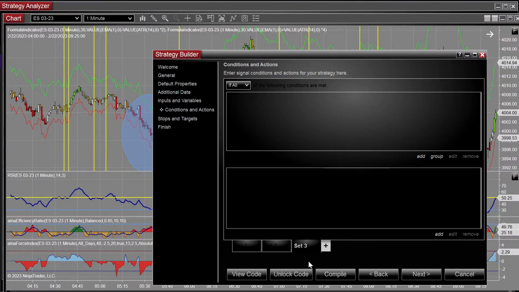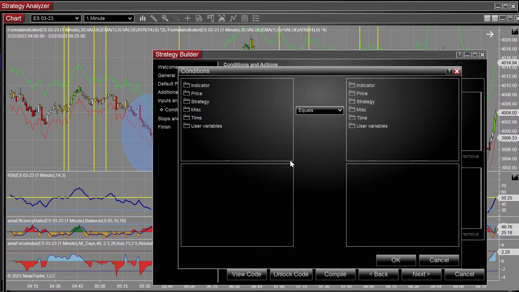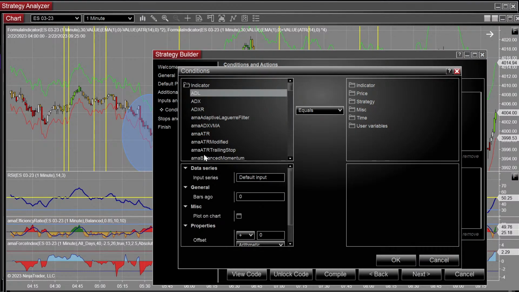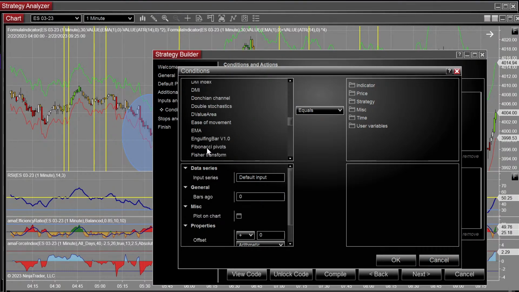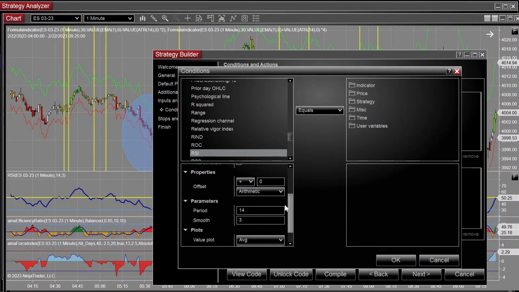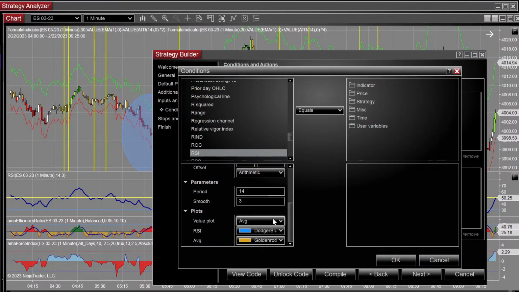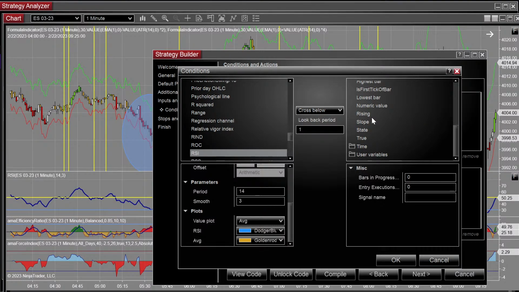And let's add a set, and let us say that the RSI, remember we're using the average, RSI average crosses below 30.